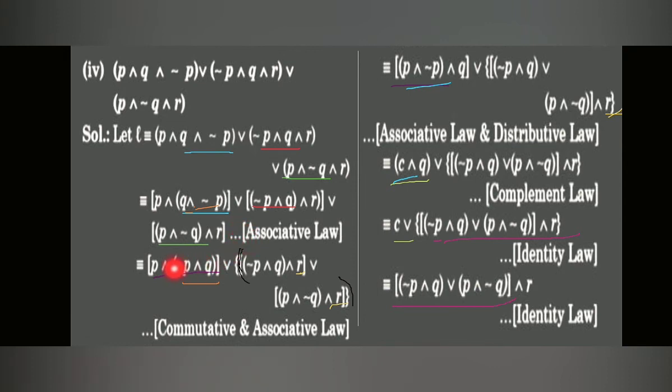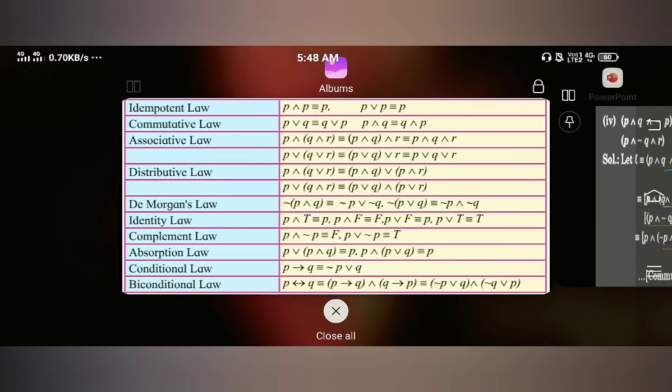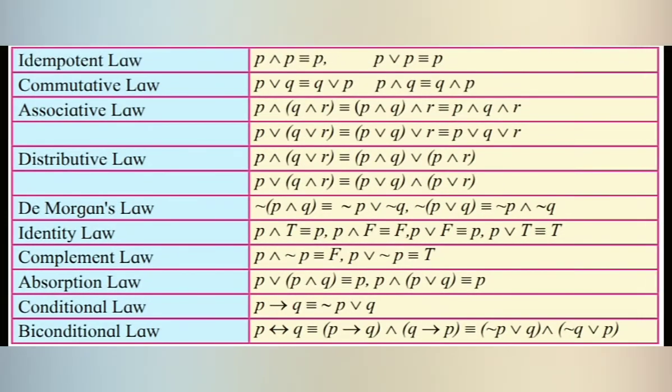Now apply commutative and associative law. See again, commutative, associative. P or Q is equivalent to Q or P, and P and Q is equivalent to Q and P. This is commutative law.